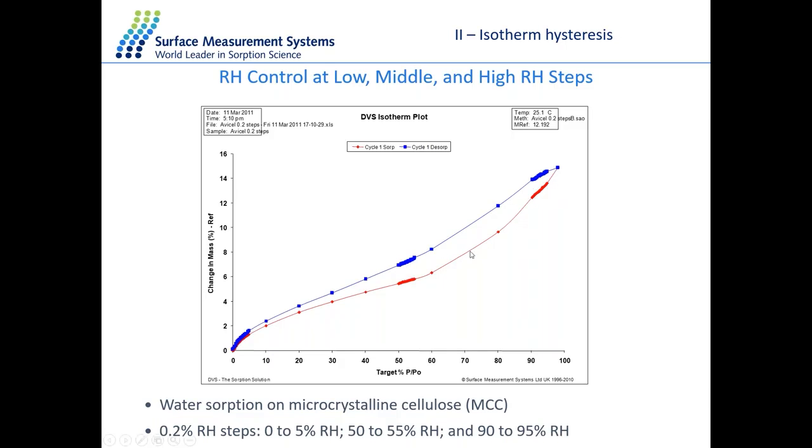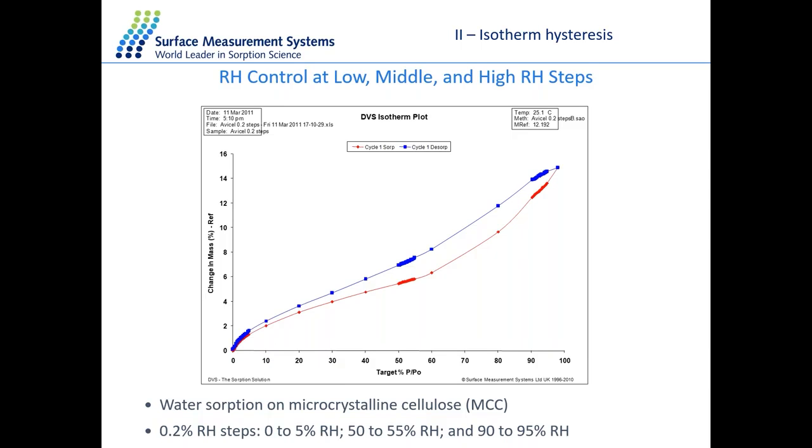So high region or low region of the study can be studied in a DVS by actually focusing on that section and having more points of isotherm in that section. That stretches the time required for the experiment to complete, but that's just time required for the experiment. It's not related to the quality of the data. So this is a standard sample with bulk sorption.